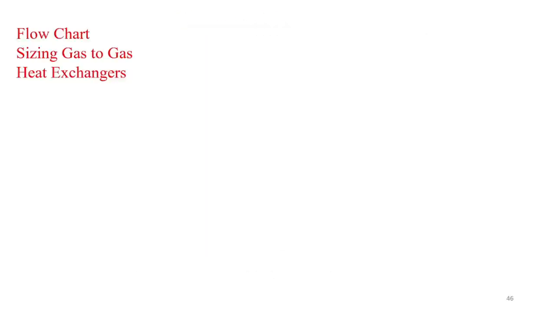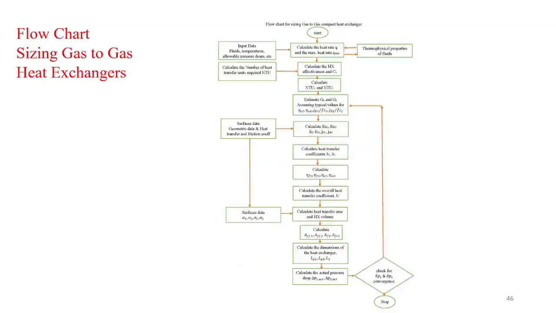We would like also to summarize the process of sizing a gas-to-gas heat exchanger. Since we know that the process is very lengthy, this flow chart describes the whole process together in one chart. We start with, of course, the input data given about the heat exchanger, including the inlet temperatures, the two surfaces, the allowable pressures for side 1 and side 2.